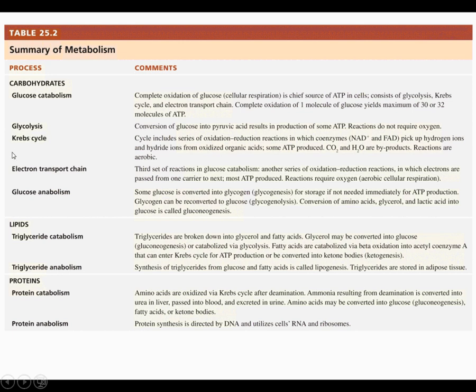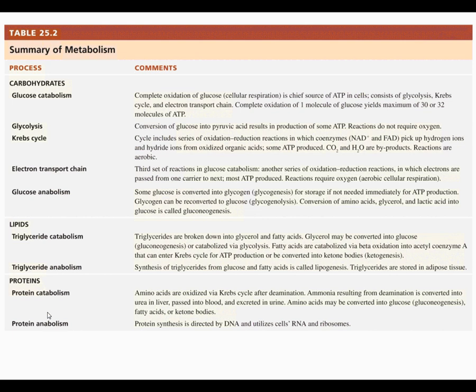Then we briefly talked about anabolism of carbohydrates, and briefly about catabolism and anabolism of triglycerides, and catabolism of proteins. What we did not talk about at all in this lecture was anabolism of proteins, because we've already talked about it. I didn't figure we'd need to do it again.